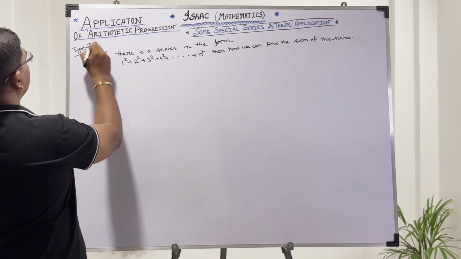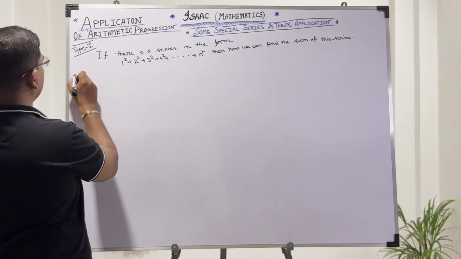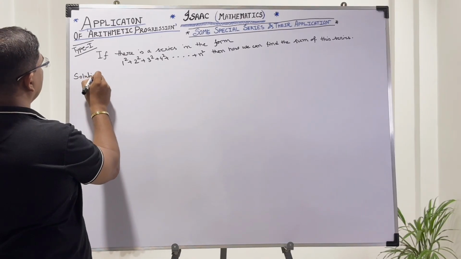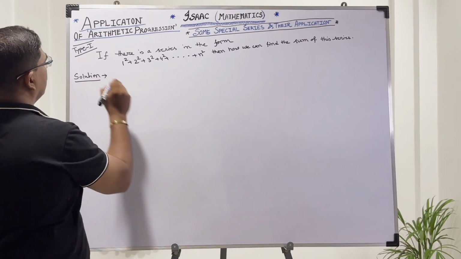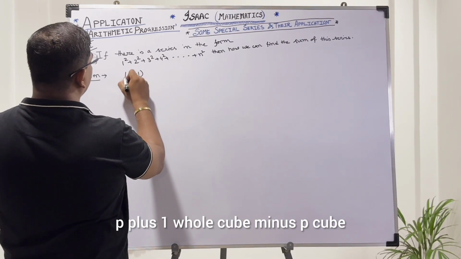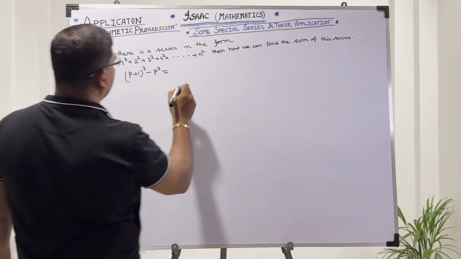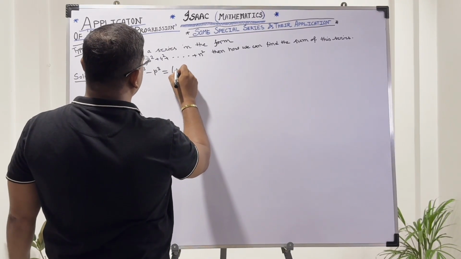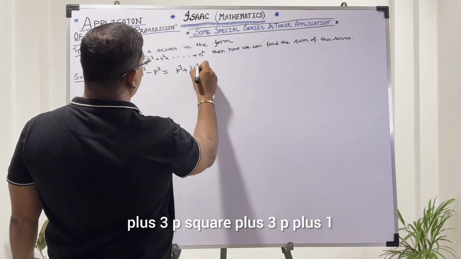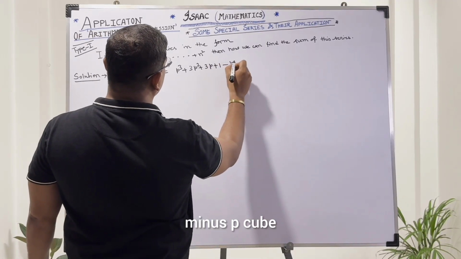Type 1. Solution. P plus 1 whole cube minus P cube will give P cube plus 3P squared plus 3P plus 1 minus P cube.